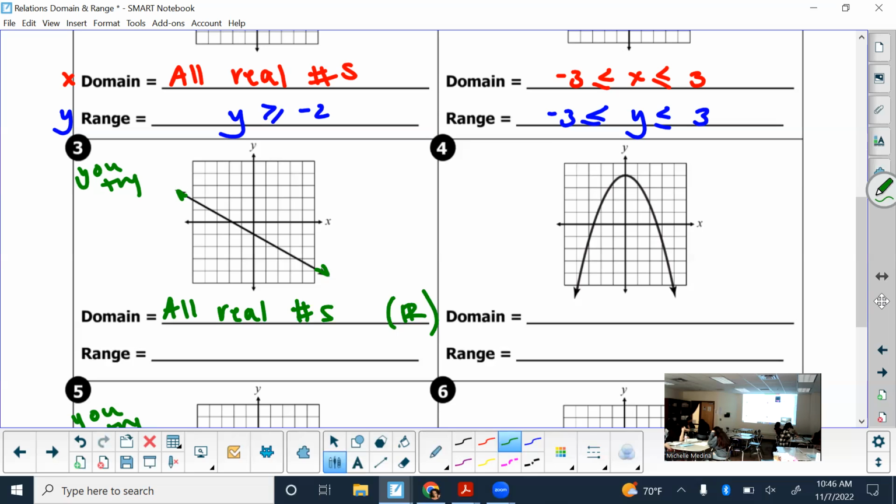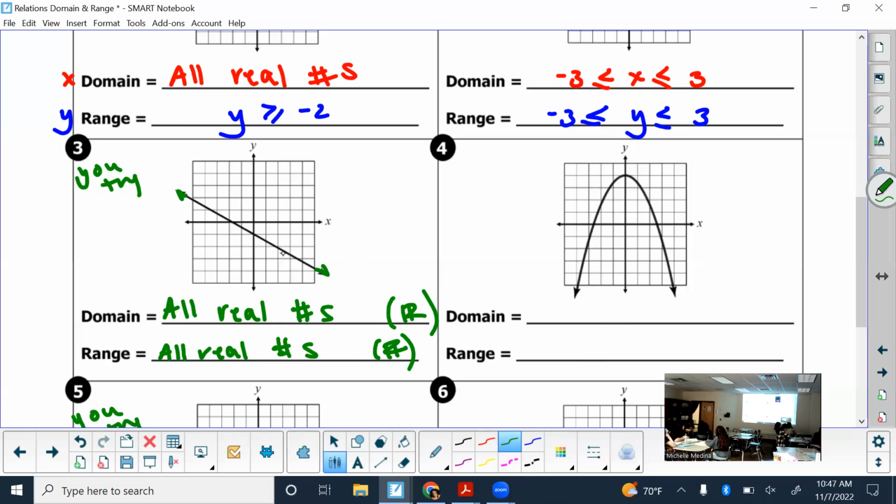So then what's my range when it goes infinitely both ways? All real numbers for the range here. So it goes infinitely up and down eventually, right? Once you stretch it all the way out, and it does go on infinitely because it has arrows, it will eventually touch all the y values. So questions on 3?